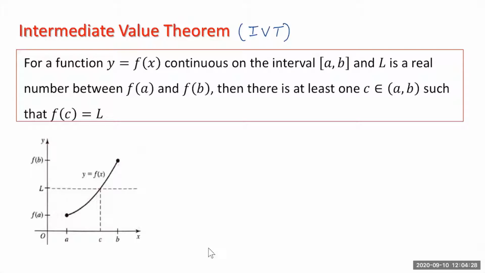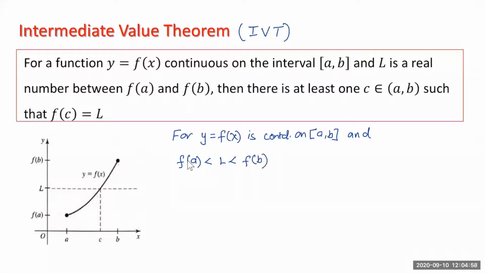If I want to simplify this, we can write like this. For y equal to f of x, which is continuous on the interval AB, and we have this condition. Suppose we have f of a is less than L is less than f of b, meaning your L is between f of a and f of b.